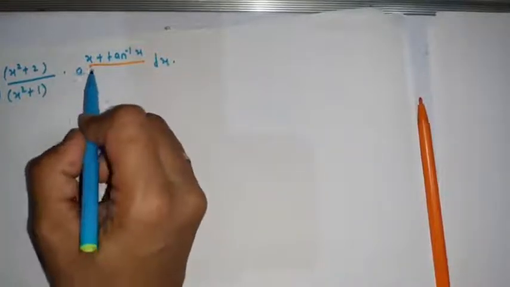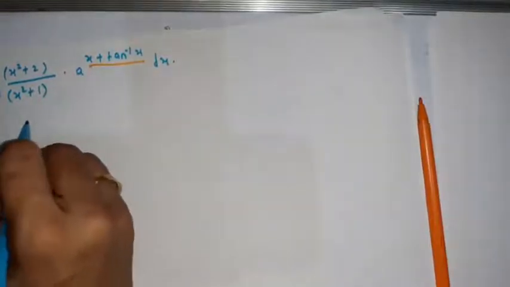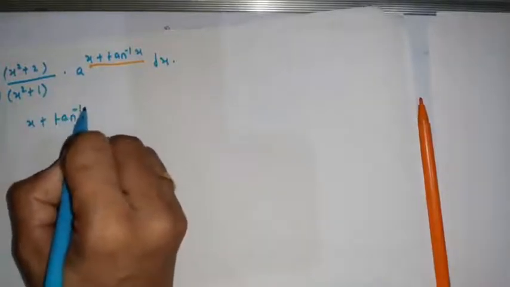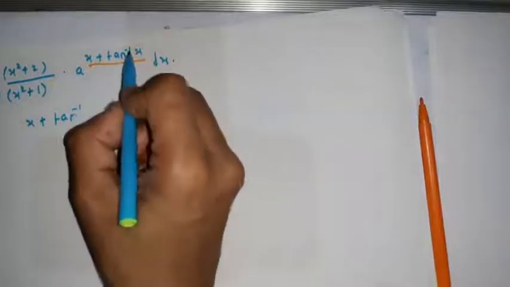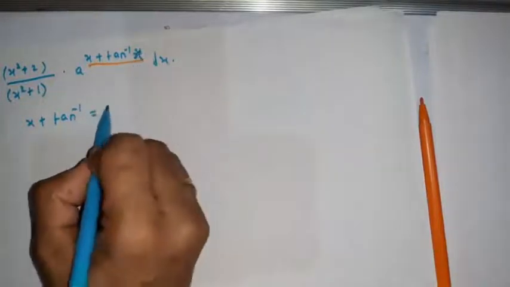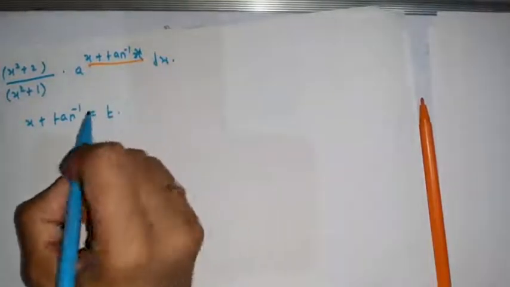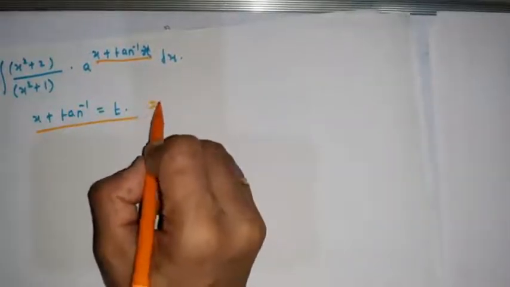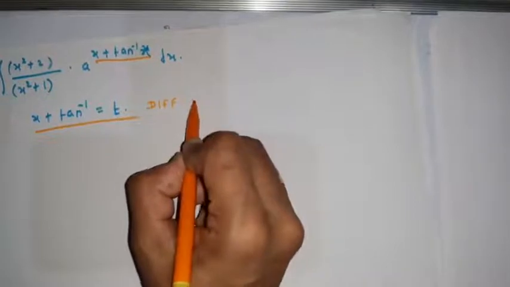Now in this let us try x plus tan inverse of x equal to t. Whatever our substitution is, differentiate that with respect to x.